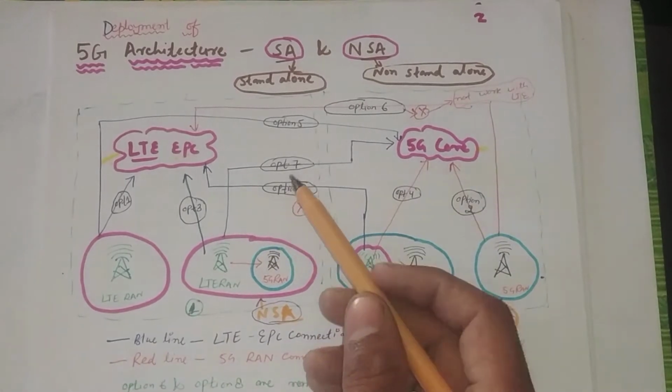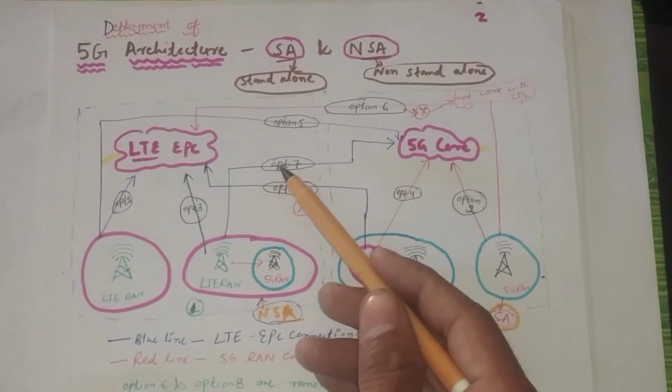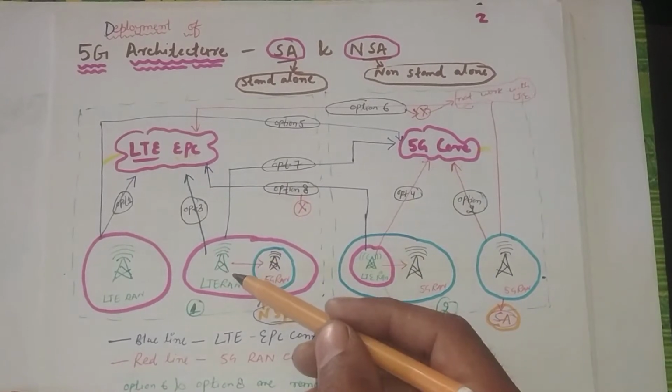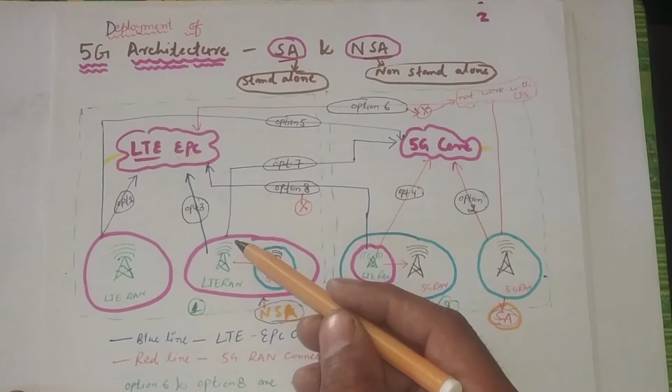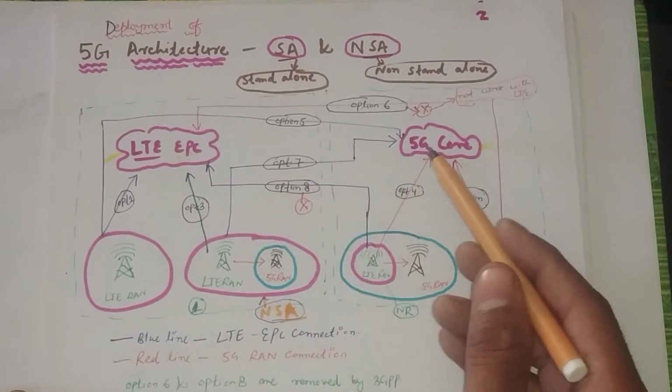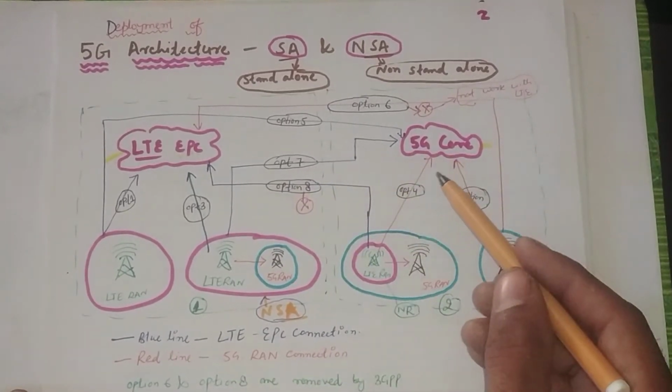And the same as option 7, that is the 4G base station, and under the 4G base station there is a 5G base station that is connected with the 5G core network via UPF.